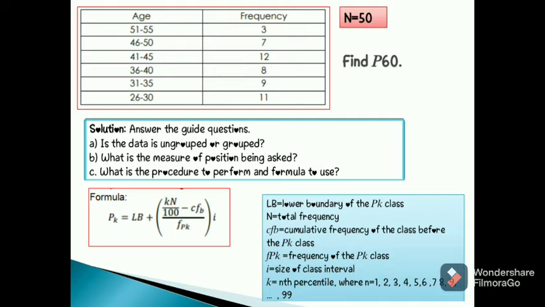Since we have the lower boundary, we first complete the frequency table. So we look for the lower boundary. The n is already there. The cumulative frequency of the class before the Pk class, or before the percentile 60 class.